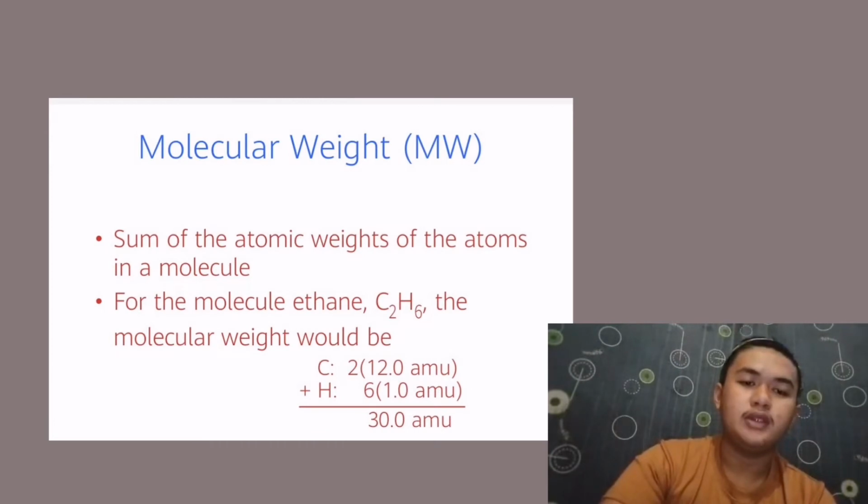Molecular weights. The sum of the atomic weights of the atoms in a molecule. For the molecule ethane, C2H6, the molecular weight would be C2 12.0 atomic mass units plus H6 1.0 atomic mass unit, equals 30.0 atomic mass units.